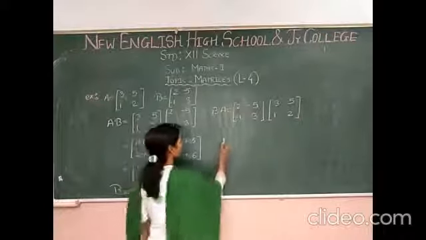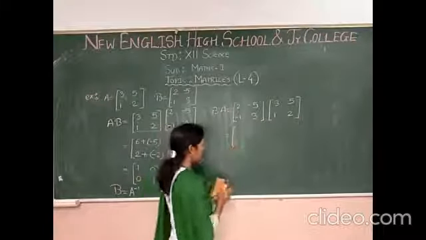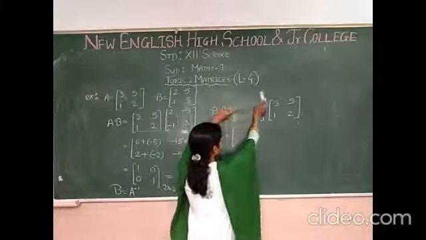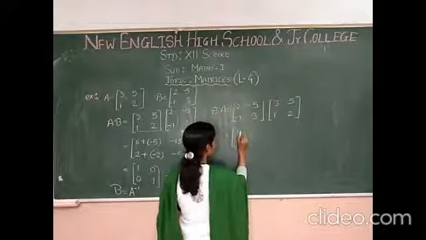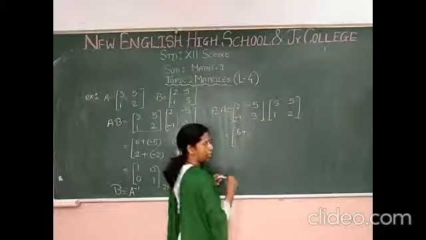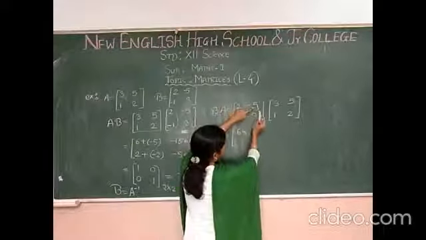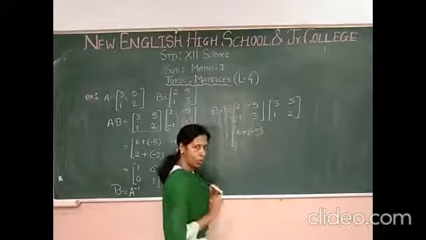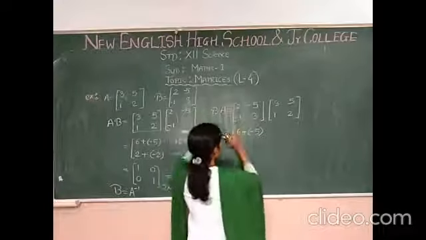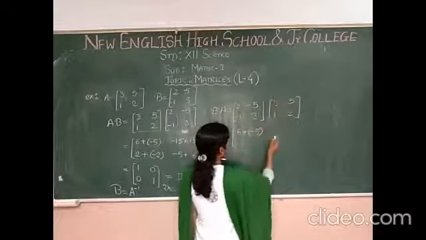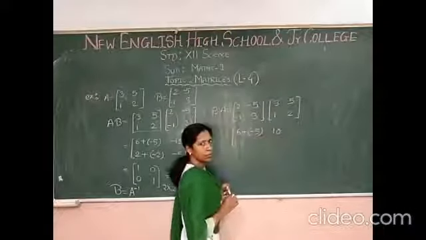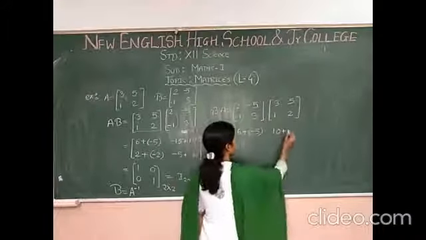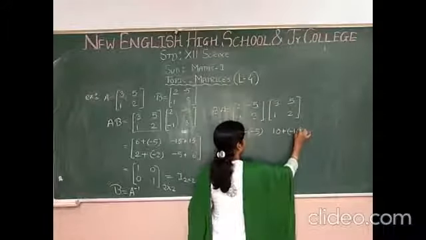Same way, you know how to do it. 2 into 3, 2 3s are 6, plus minus 5 into 1, that is minus 5. Again 2 into 5, 2 5s are 10, plus minus 5 into 2, that is minus 10.